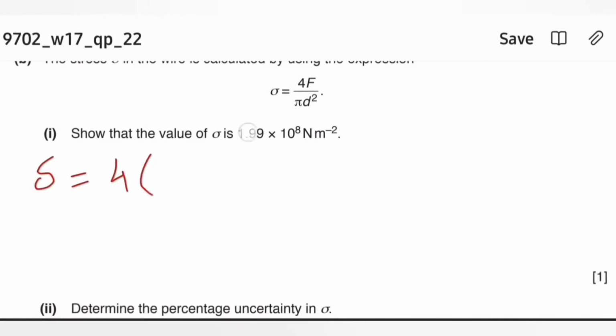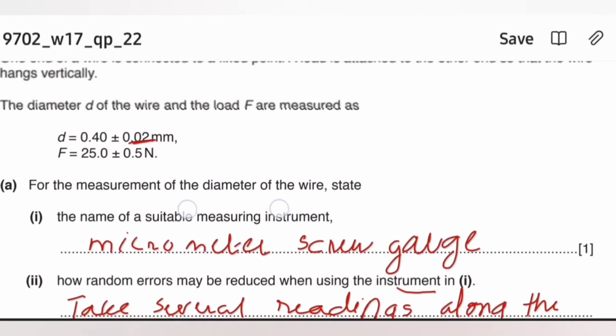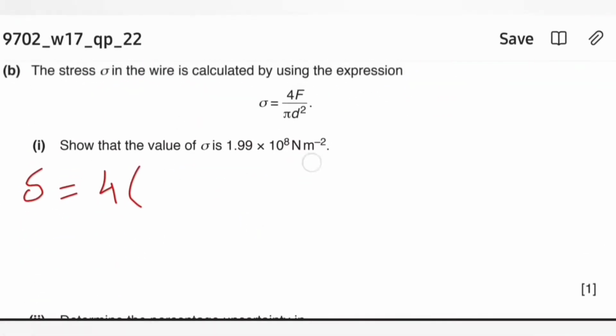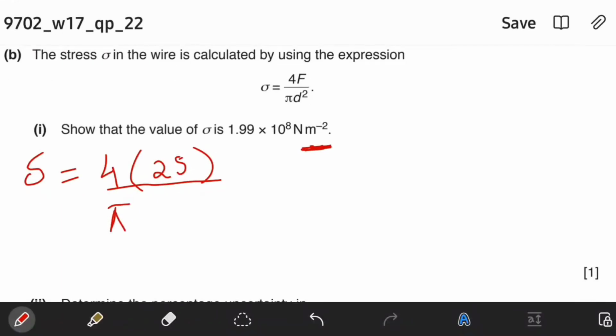F is given as 25, while D is given as 0.4 millimeter. Take note that we have to take this in meters and not millimeters, so remember to convert it.